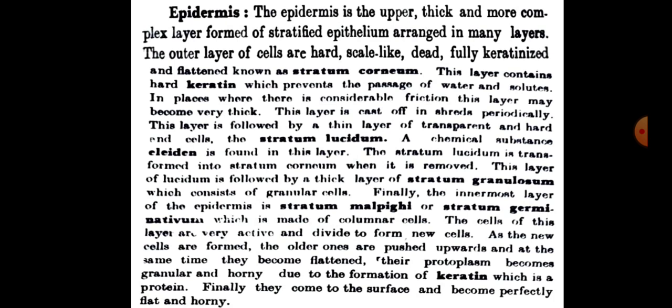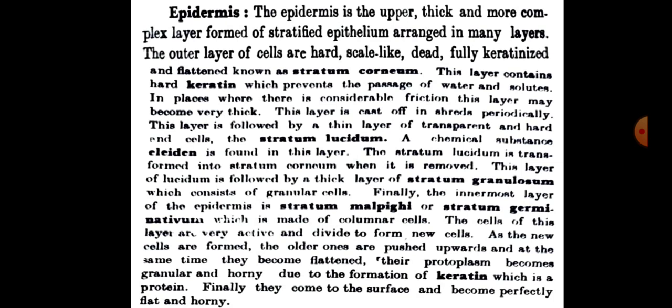The cells of this layer are very active and divide to form new cells. As the new cells are formed, the older ones are pushed upwards and at the same time they become flattened. Their protoplasm becomes granular and horny due to the formation of keratin, which is a protein.